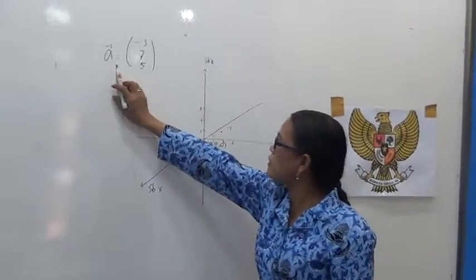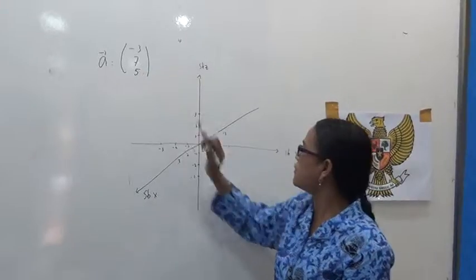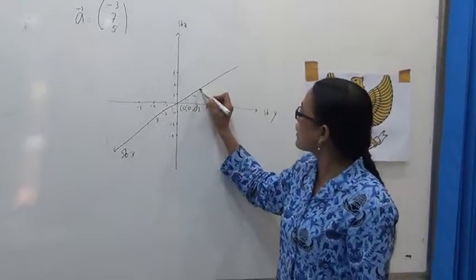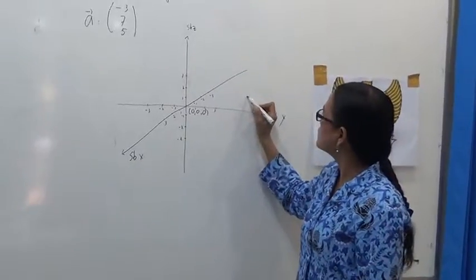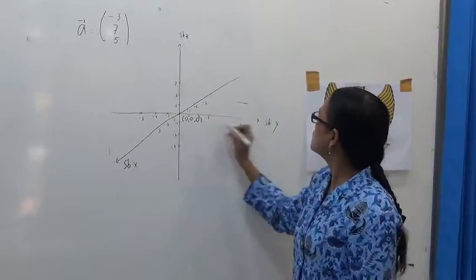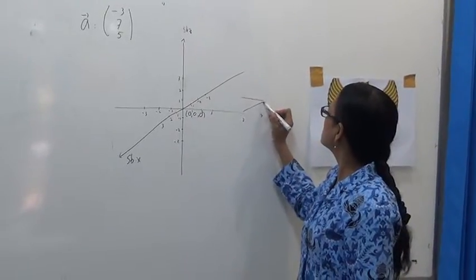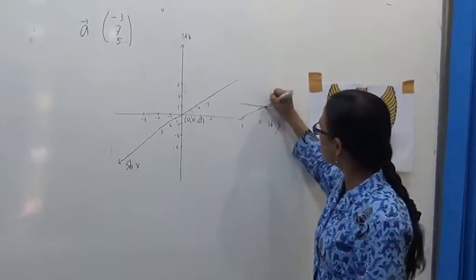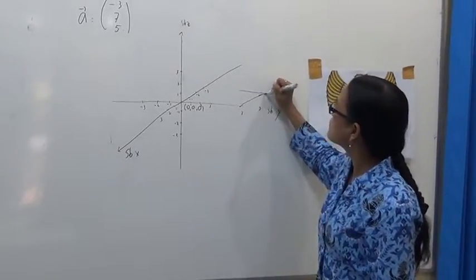So vector A (-3, 7, 5) is -3, go to the right 7, and go to the top 5.